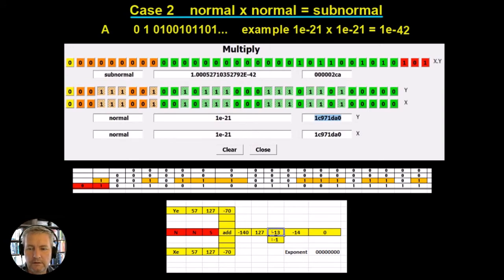So minus 13 is not far out. The minus 13 actually gives us our number of zeros. But of course if we're starting from this point here, in order to normalize it we're going to have to move it one more. So we add in an extra value of 1, and we have a value of minus 14. This is going to give us our shift in order to ensure that we're sitting with the mantissa in the correct position.